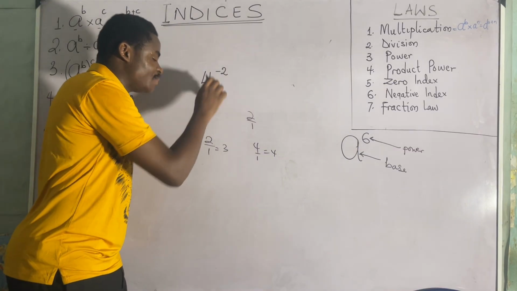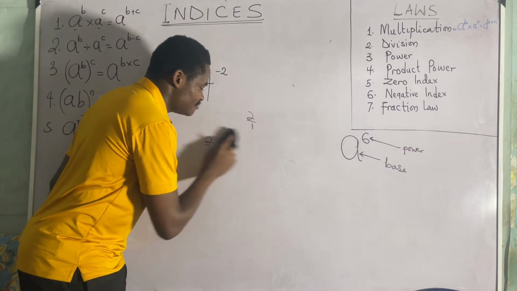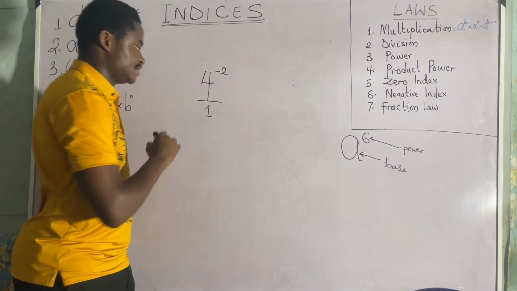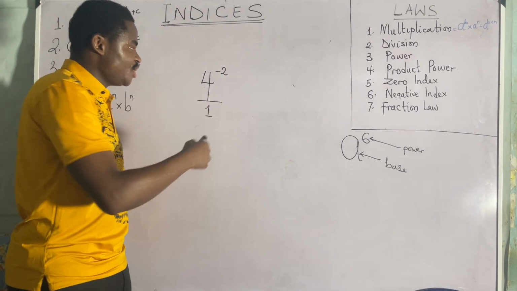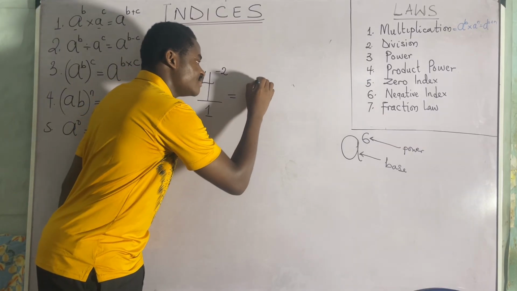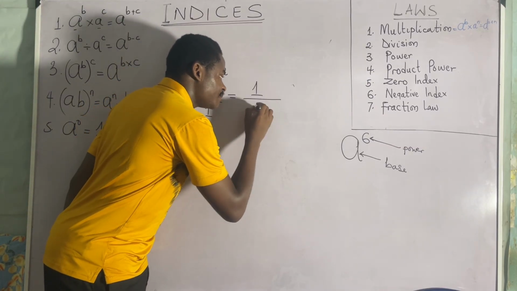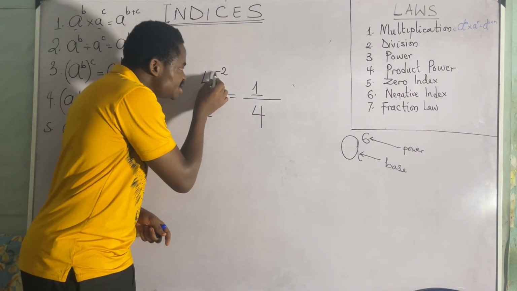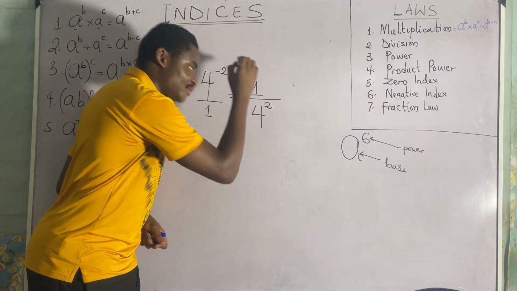So 4 to power minus 2, what does that mean? That means 4 over 1 here like this. So invert it. When you invert it, you are going to have 1 over 4. But because you have inverted it, it changes the minus to become positive.